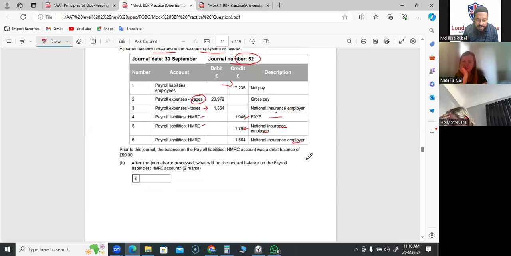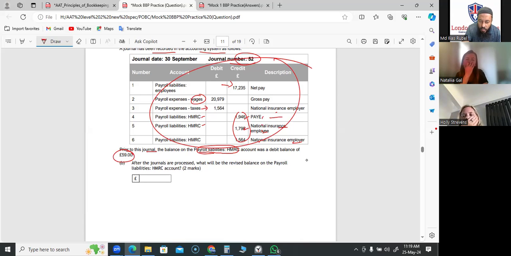But what is the question basically? Look at this. Prior to this journal, the balance on the payroll liability accounts, these are all liabilities, credit side means liability, was a debit balance. You see, before doing this, we had a debit balance of 59. So they're asking, after the journal is processed, what will be the revised balance? Let me tell you what we do.